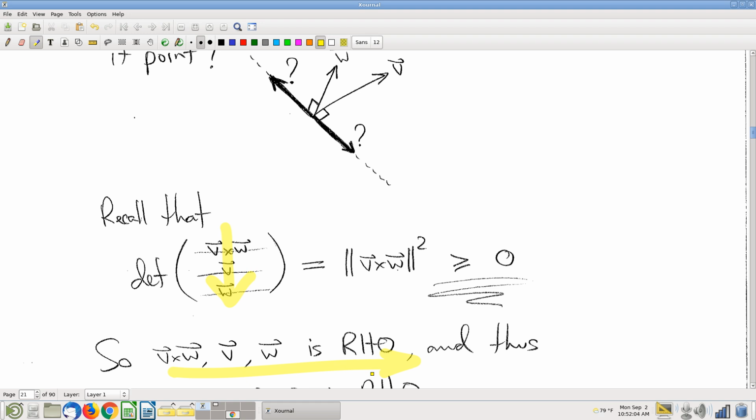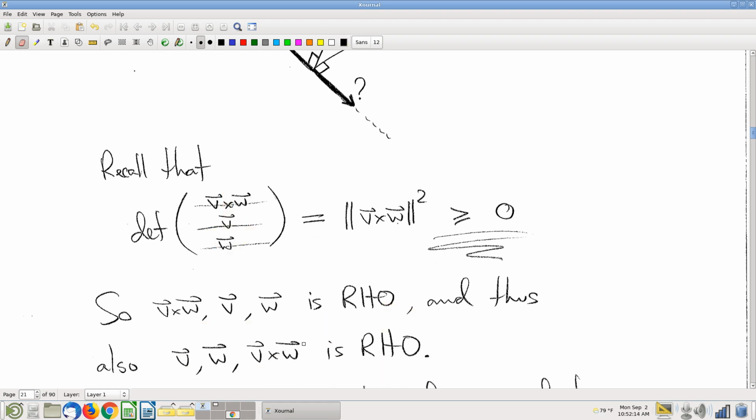So cross product, comma, v, comma, w. The determinant's positive. That means a right-hand order. Now, of course, that's not exactly the most convenient way to think about it, but let me cycle like this. Cycle that first vector around to the end, and what you have is a very handy way to resolve that question.